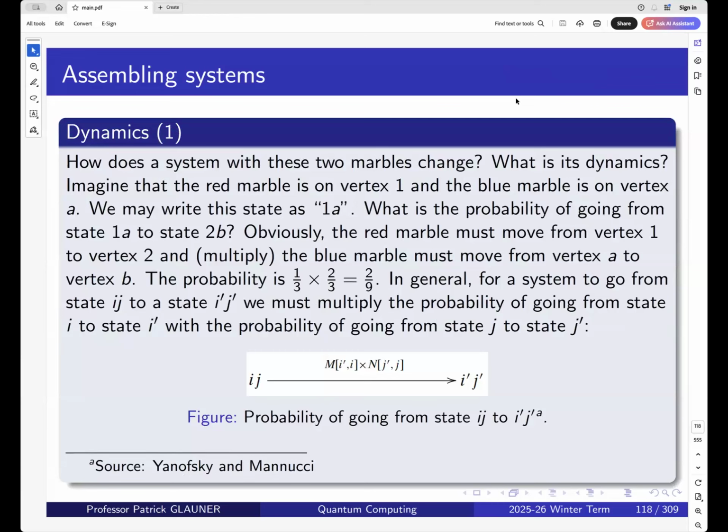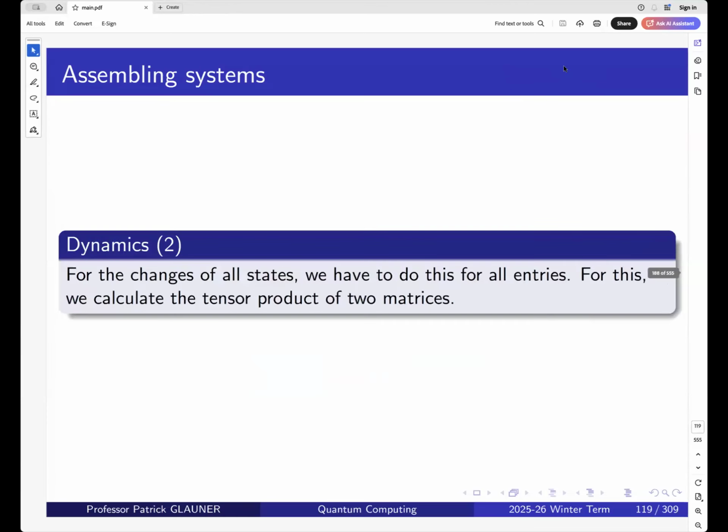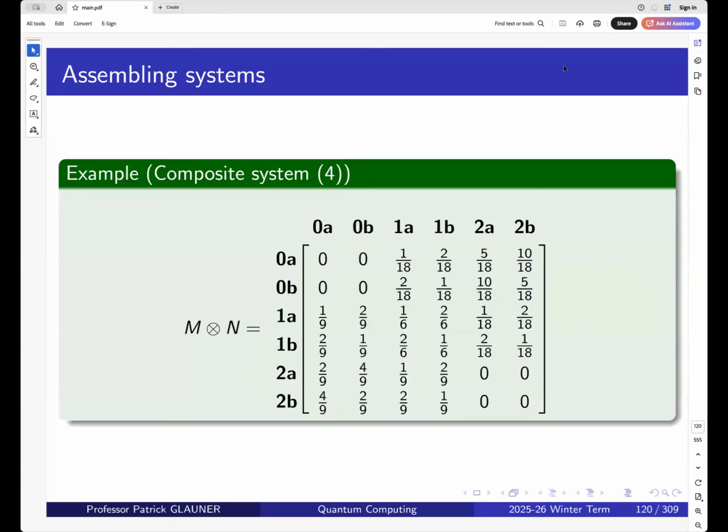And we saw how we can assemble systems, how this impacts dynamics, which is actually some tedious process of multiplying these probabilities. We looked at assembling systems here from the perspective of probabilistic systems, but we can apply the same concepts to quantum systems.